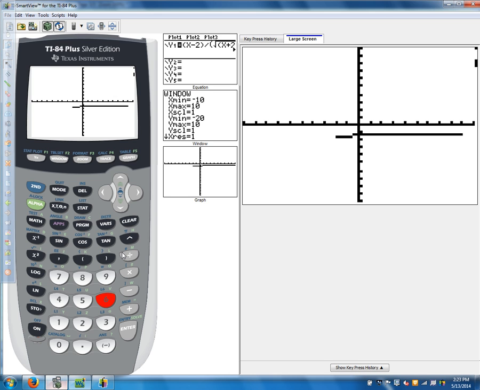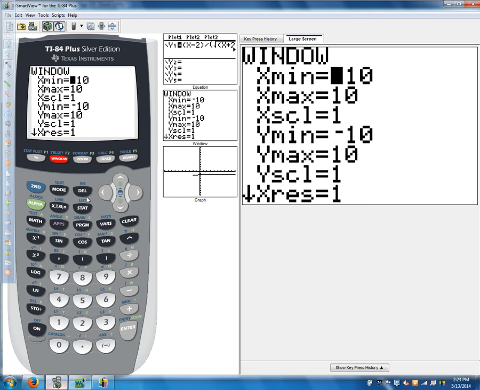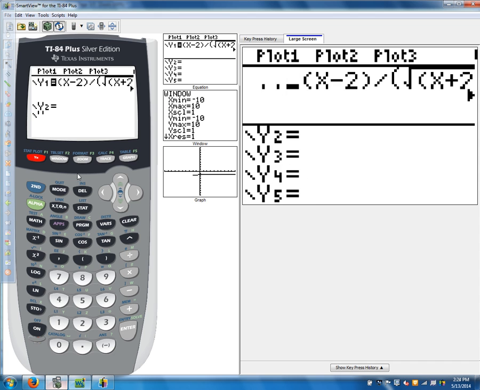Let's see, what did I do here? Let me go to my y equals. Just want to make sure I entered everything in here correctly.